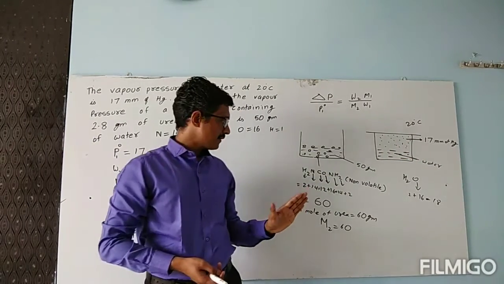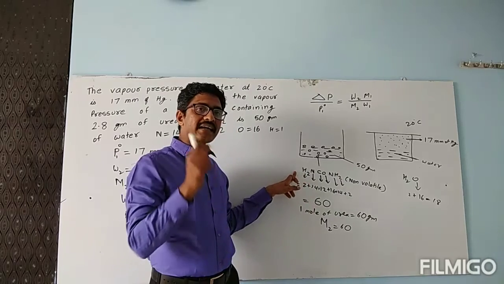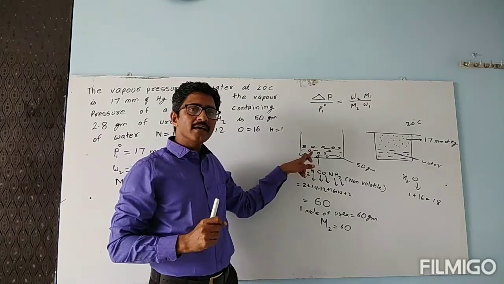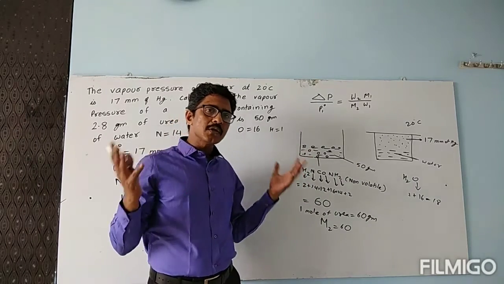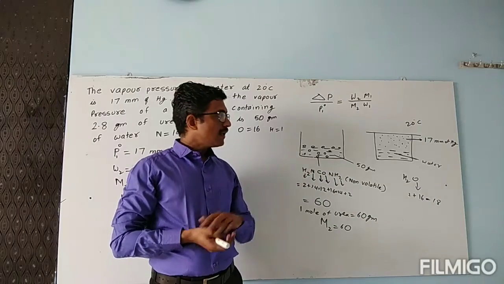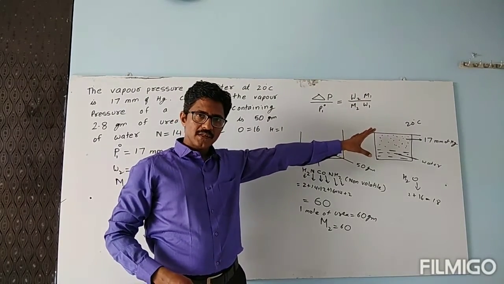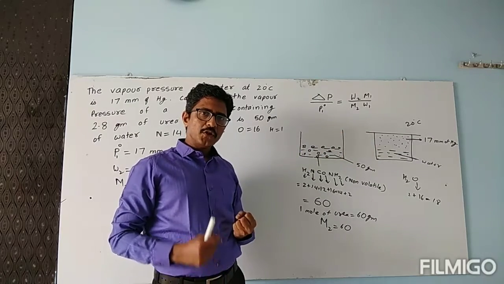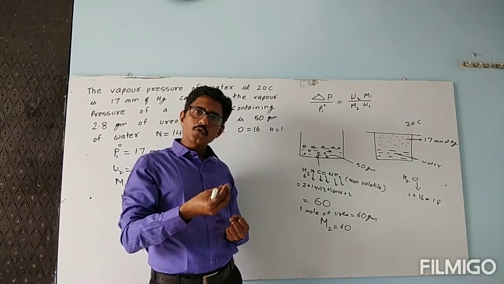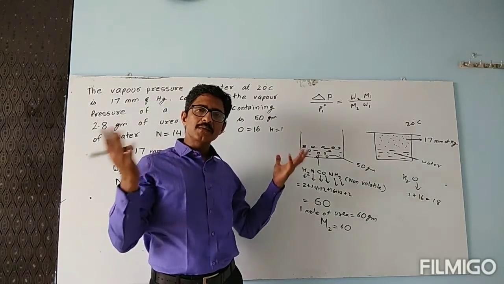After adding 2.8 gram of urea, now it becomes a solution. That one was a pure substance, pure water. Now this is a solution. If you add some solute to the solvent, it becomes a solution.